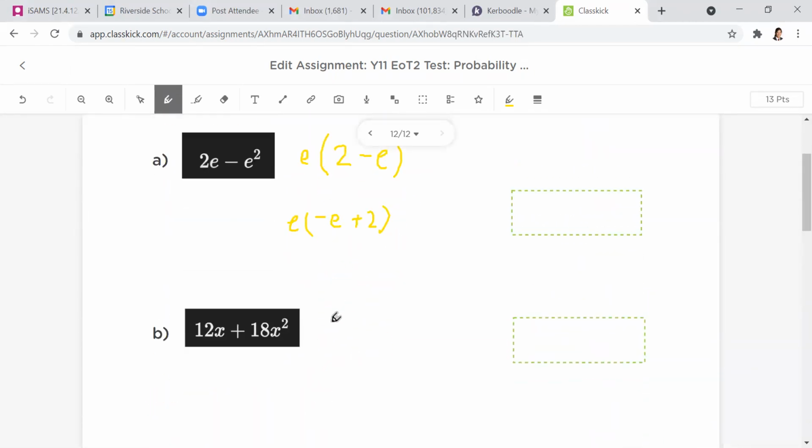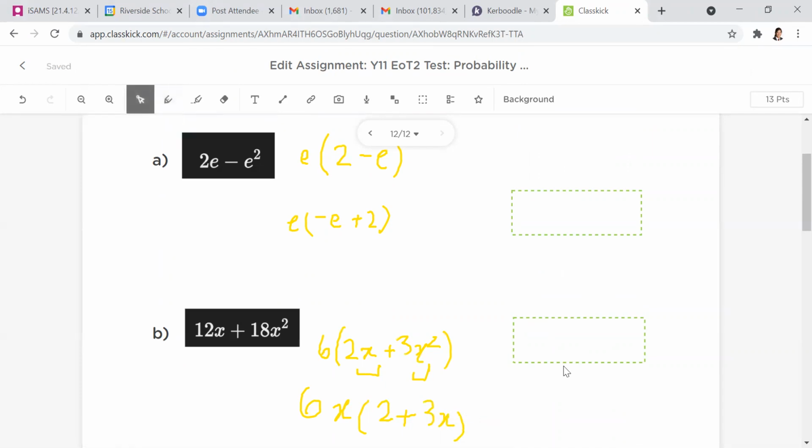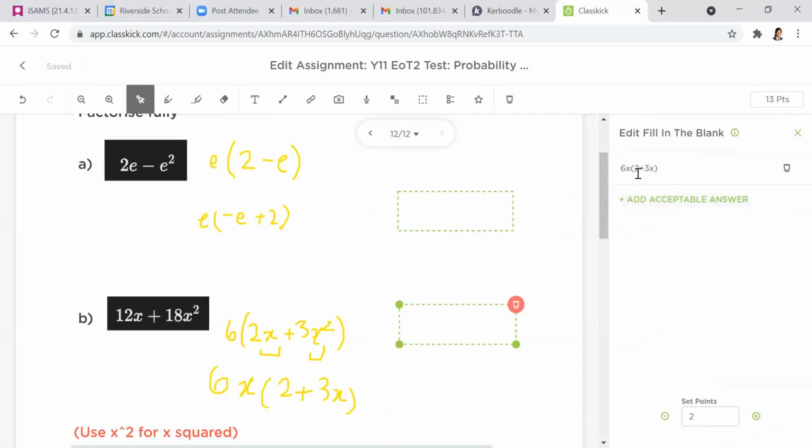They maybe pulled out the 6 in the front, 2x plus 3x squared, right? But as you can see, there's still an x in here and an x in here. So I can factorize it fully. The answer is 6x outside of 2 plus 3x. That's the full answer there.